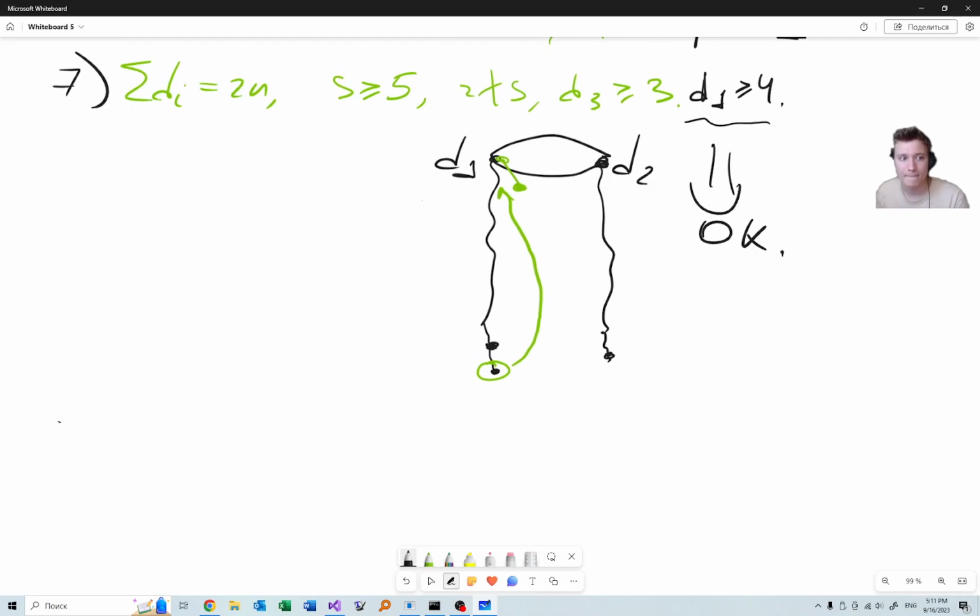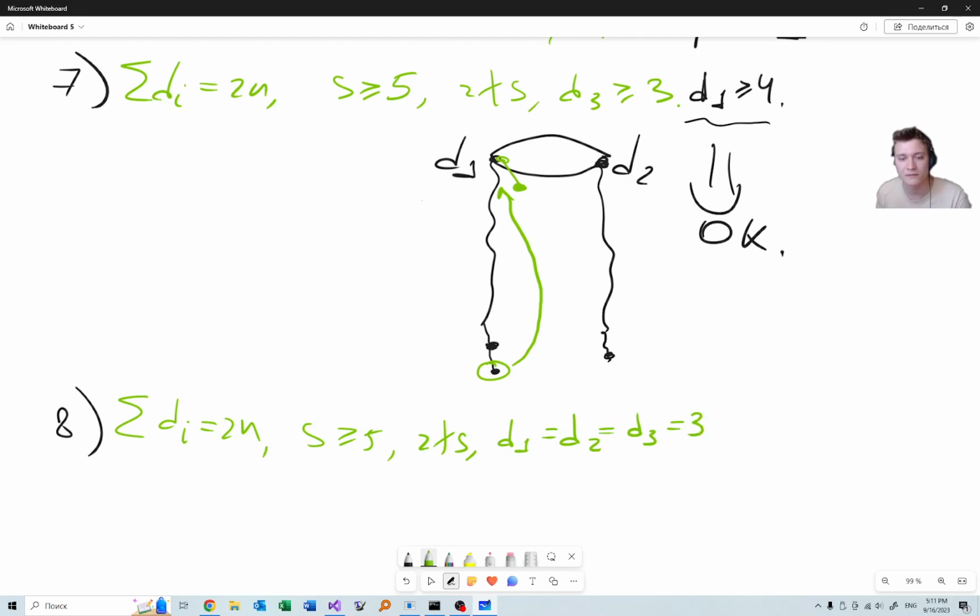Okay. Case 8. Now it will be hard to actually write everything that we know. So s is at least 5. 2 does not divide s. And now we know that d1 is 3. But since d1 is 3, d2 is also 3, because d2 is at least 3, but it is at most d1, which is 3. So actually d1 is equal to d2, and d2 is equal to d3. And they all are equal to 3.